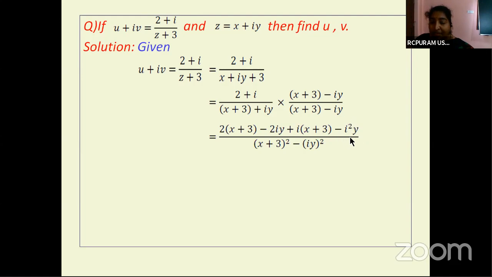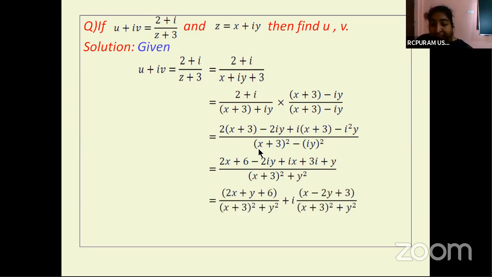Now, wherever possible, we will try to substitute the value for i, like if the power is more than 1. We will expand this: 2 into x is 2x, 2 into 3 is 6, minus 2iy plus i into x is ix, i into 3 is 3i. This i square is minus 1. Already we have a minus, so it becomes plus y. And in the denominator, the i square part is becoming minus 1. So minus 1 into this minus becomes plus. So you have it as x plus 3 whole square plus y square.